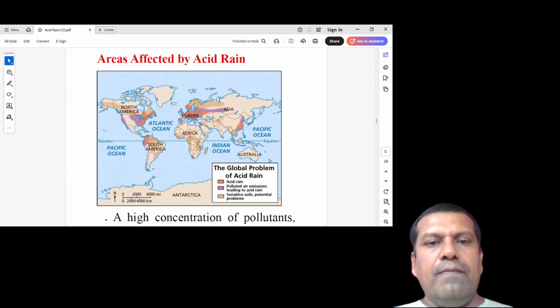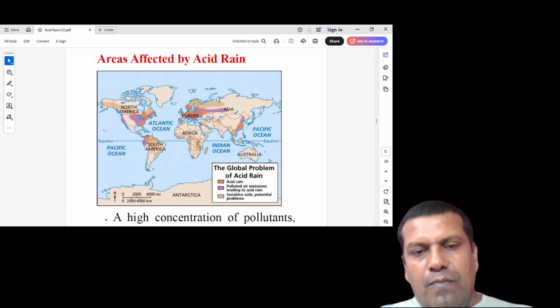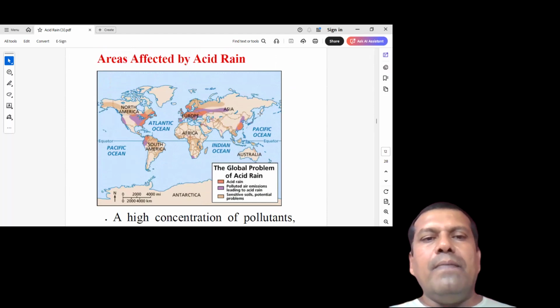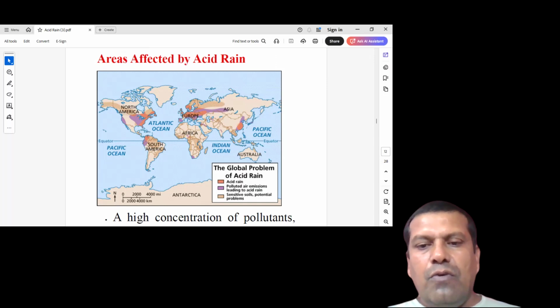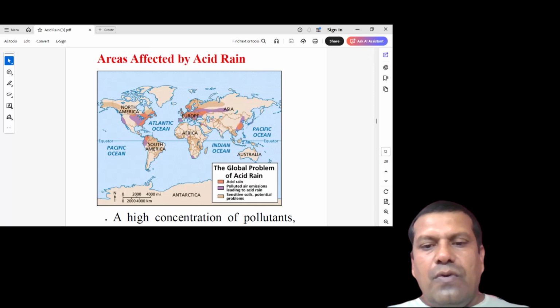So here, the world map depicts the areas which are affected by acid rain. So the global problem of acid rain. Here you can see the orange areas which are covered, like in North America, Europe, and some parts of Asia, that is, we can say Southeast Asia.